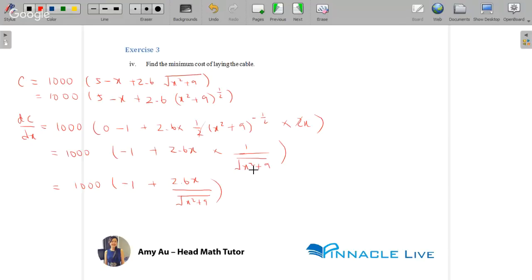All right, so what do I do with this? Solve it to 0. So pretty much you're solving that to 0. And what I'm going to do, might as well just move the 1 to the other side. So it's plus 1. Multiply that across.